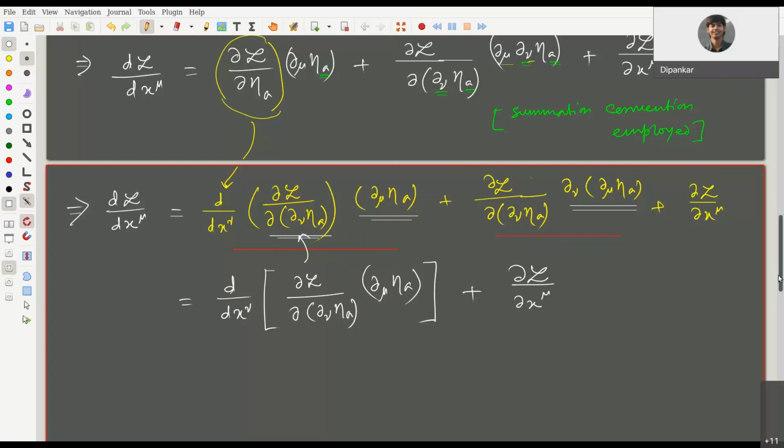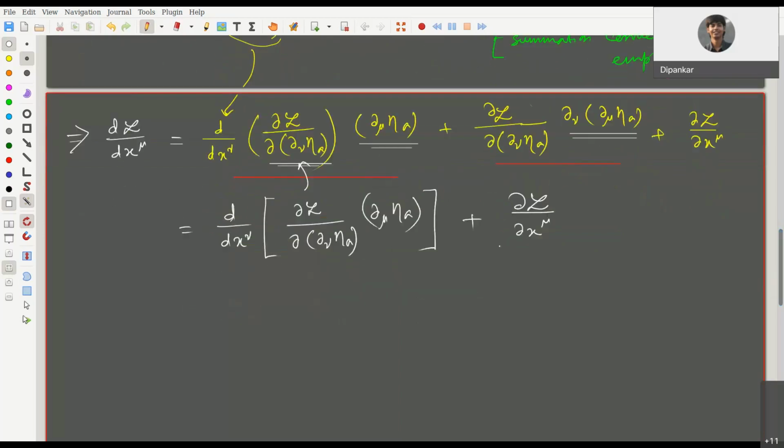Okay, now I can rearrange this term. I can take this one on the left hand side and take this one on the right hand side to write down.